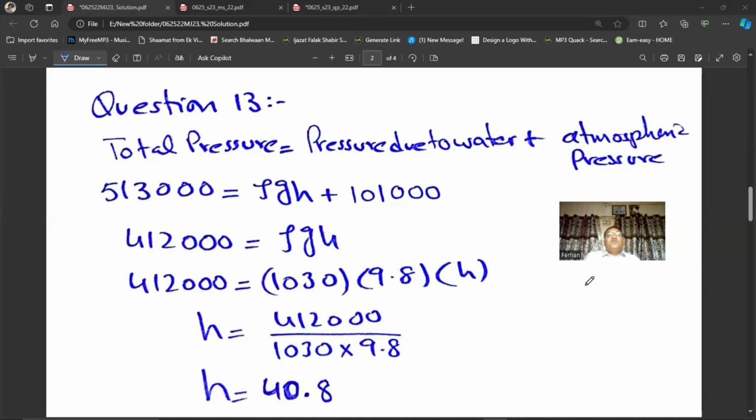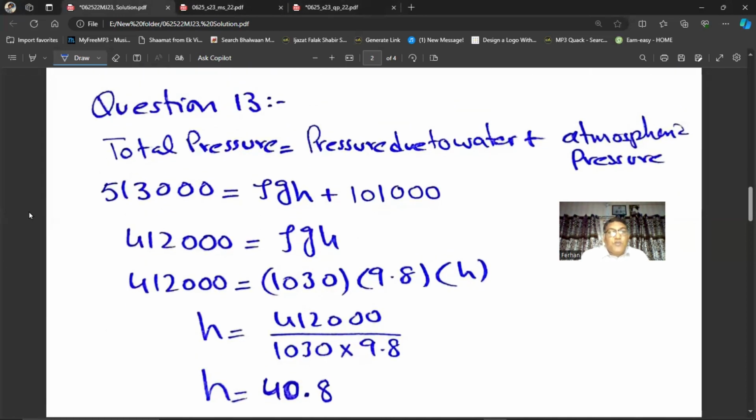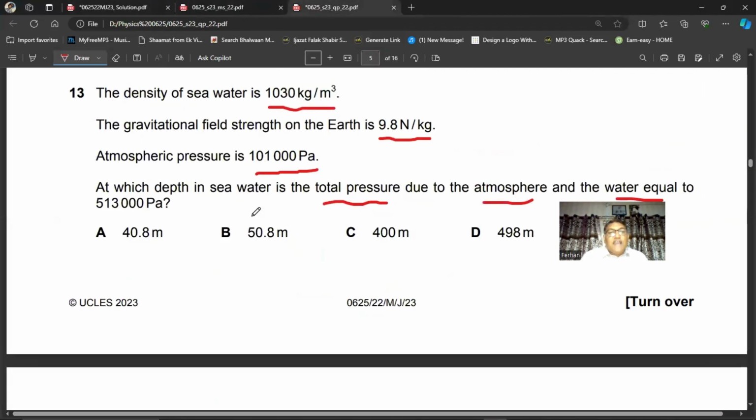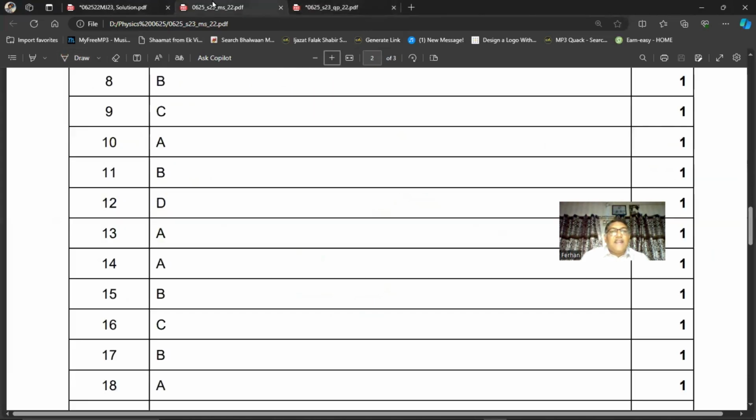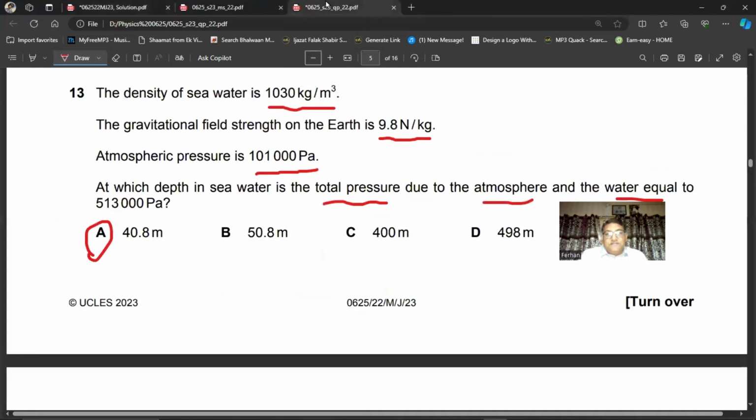So you will have 412,000 divided by 1030 divided by 9.8, and that equals, sorry, I said 4.8, this is 40.8 meter. Let's check the answer. Do we have that answer? Yes, the A part is the answer, 40.8. So question number 13, A is the right answer, sir. Our answer is right. This is how this has been done. So let's go to the next part.